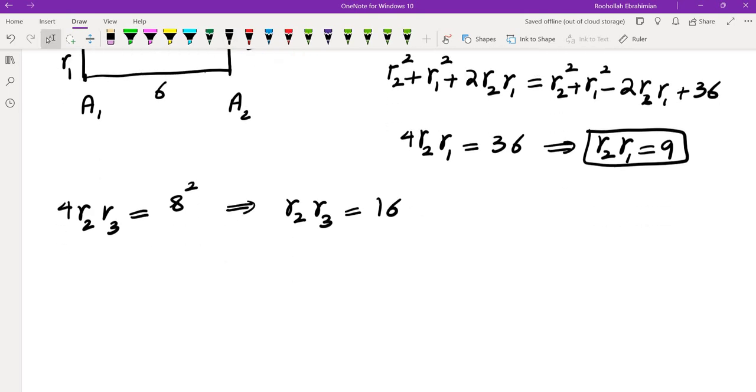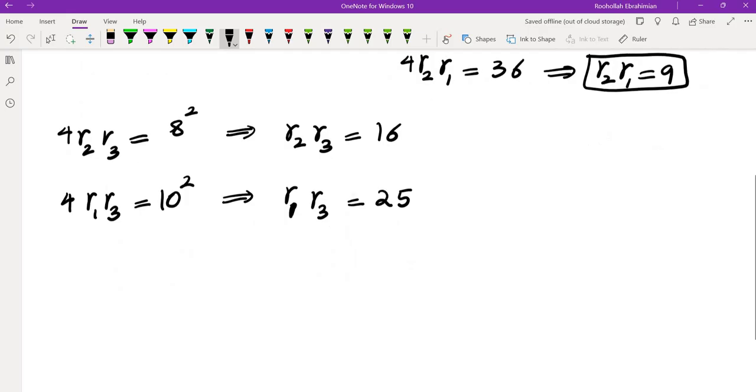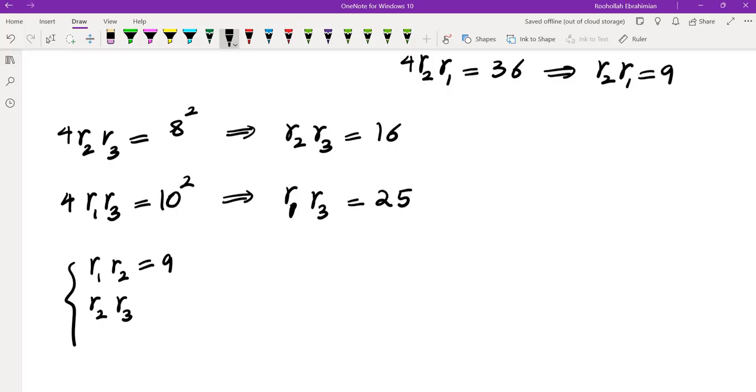Similarly, 4 R1 R3 would be the last side squared, which is 10 squared, so R1 R3 is equal to 25. Let's take these three equations and see how we can find the radii. R1 R2 is 9, R2 R3 is 16, and R1 R3 is 25.